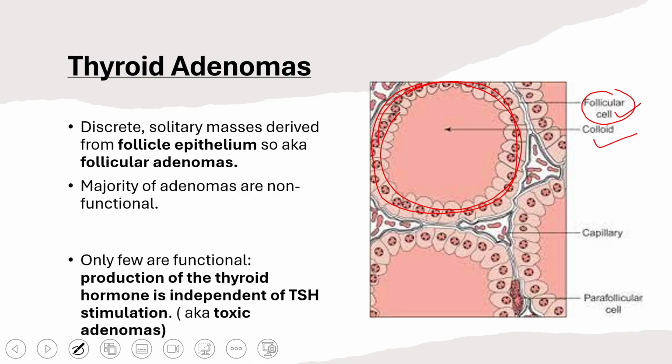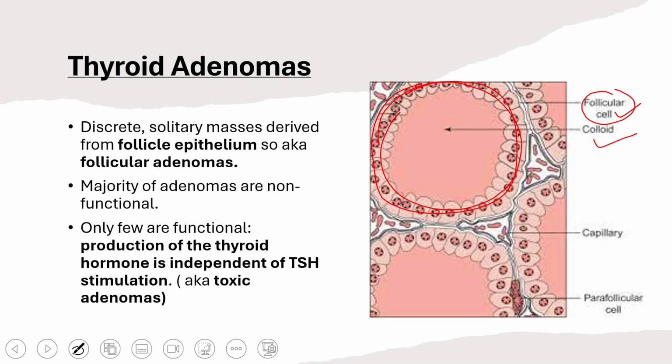The majority of adenomas are non-functional. Very few are functional. And those which are functional can produce thyroid hormone independent of stimulation by the thyroid stimulating hormone. So this kind of functional thyroid adenoma is also known as toxic adenoma.